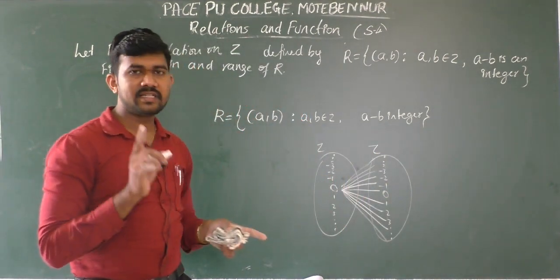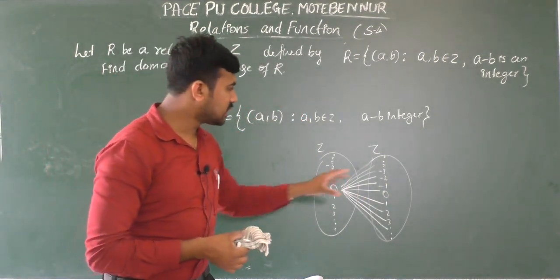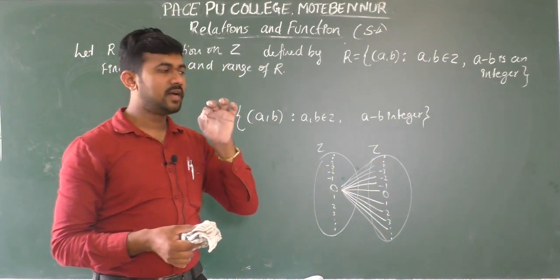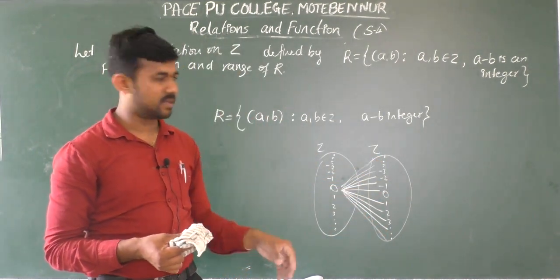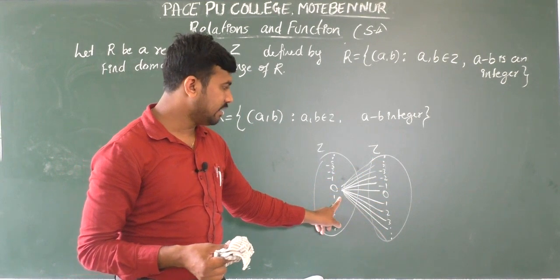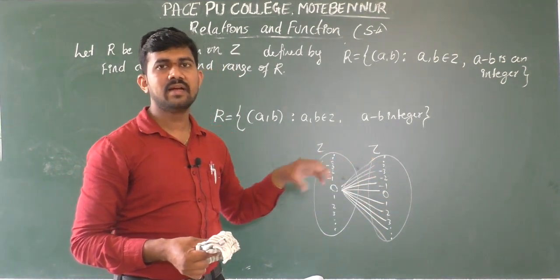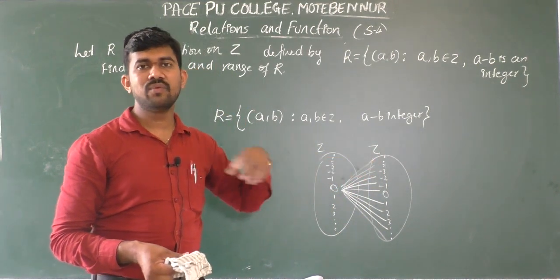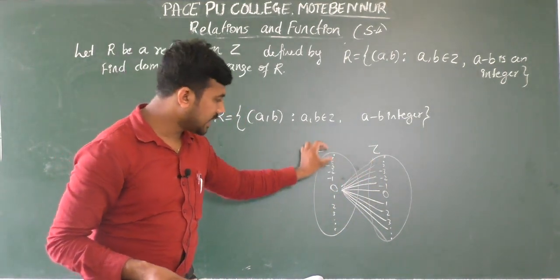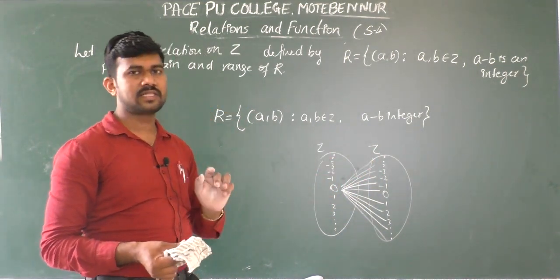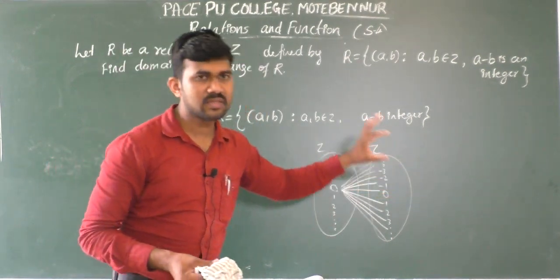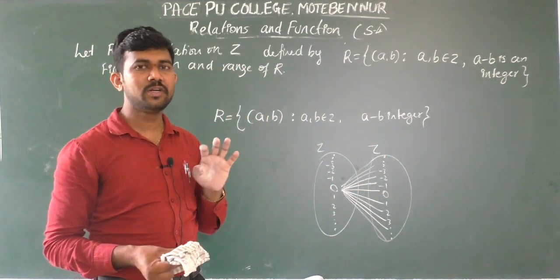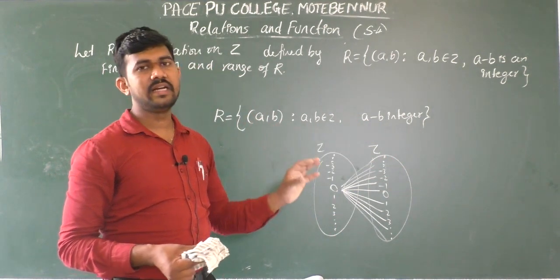So if you take 0 fixed and take the difference with each element of the second set, it is an integer. Similarly, if you take 1 and do the difference, again we get an integer. If you take 2 and take the difference, again we get an integer. And so on, if you take any number of the first set and take the difference with each and every element of the second set, we get an integer only.